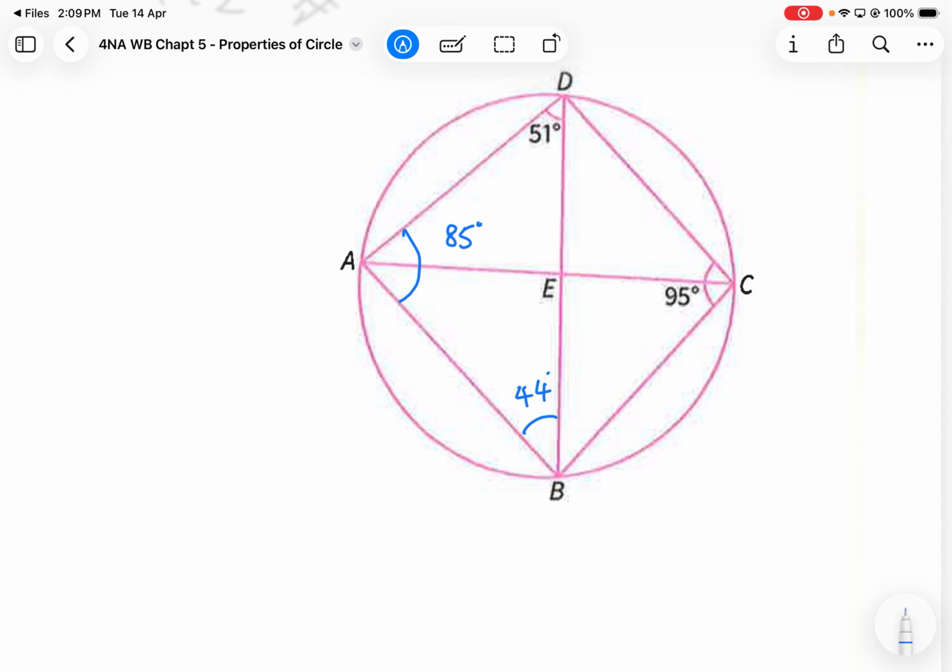This is 95. D and B touch here. So this angle and this angle will add up to 180. So this one is 85. Here is 51. Here will be 44. Okay? Now I don't know how to find ACD.